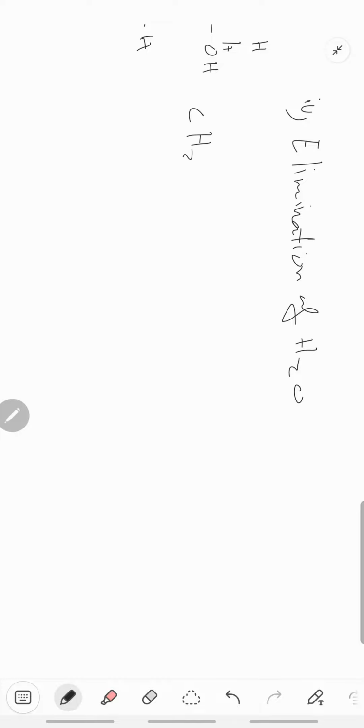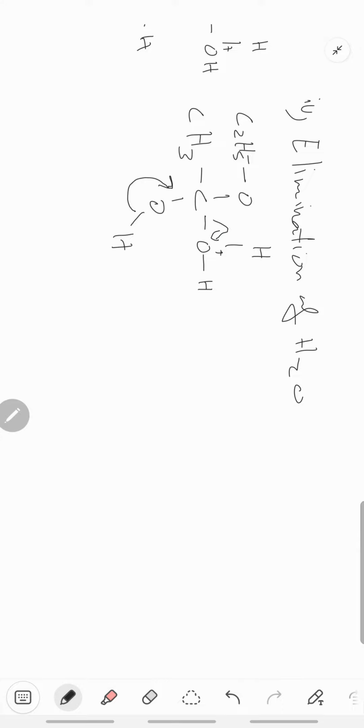Let's take our product of the last reaction, and I have O, H. So what will happen? I need an elimination of water. It will go there, and this will go there. This will give me water.